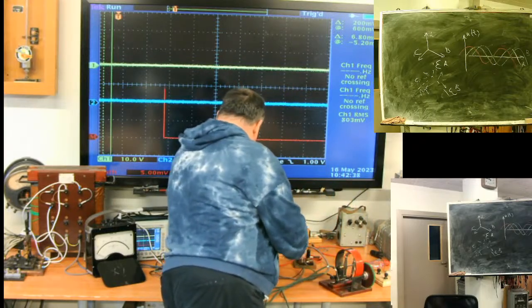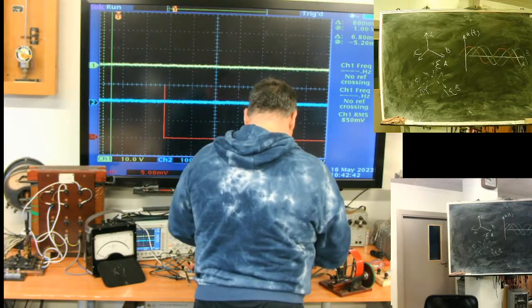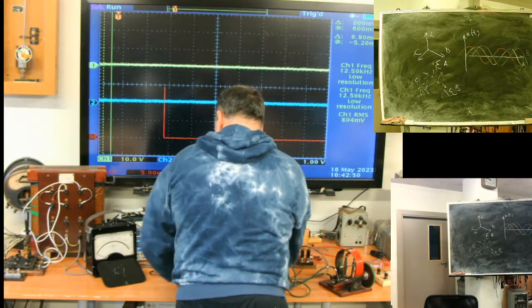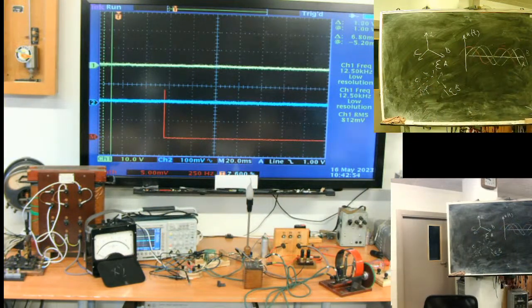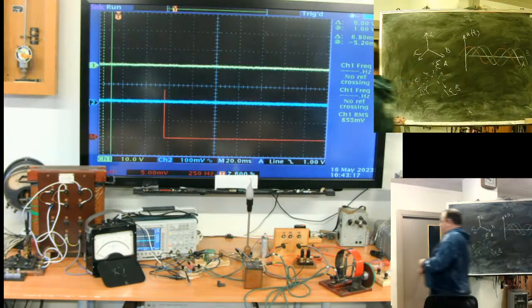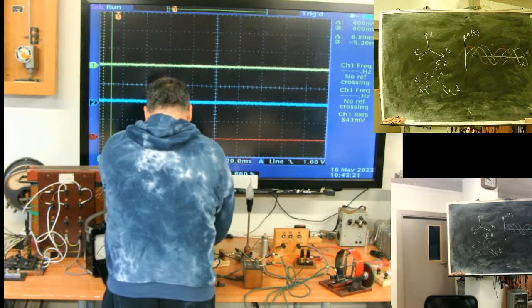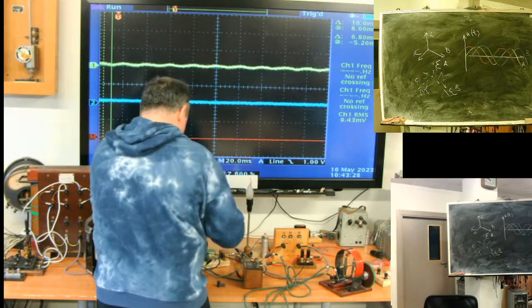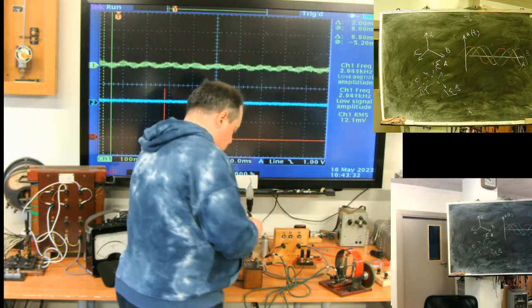I want to show one idea. And I need a wire for my scope. More wires for the cut of wires.